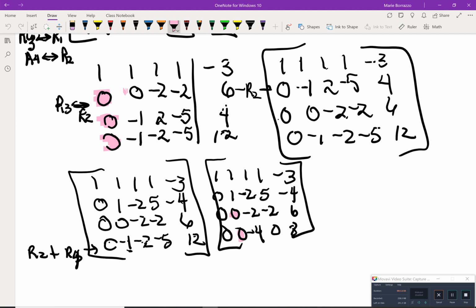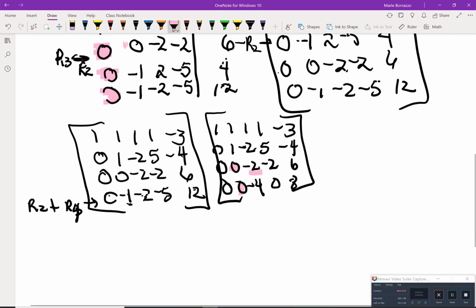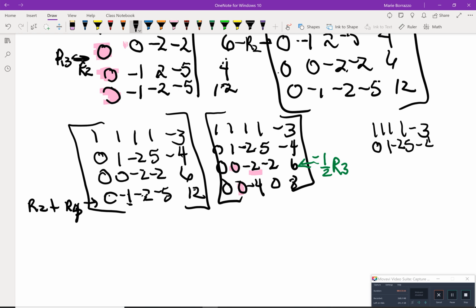Okay. Now here, in this position, I need a 1. So what I'm going to do is take this row, row 3, and multiply it by negative 1/2, row 3. So my new matrix is now 1, 1, 1, 1, negative 3, 0, 1, negative 2, 5, negative 4.